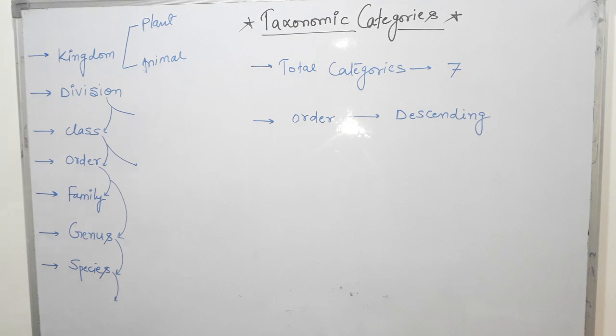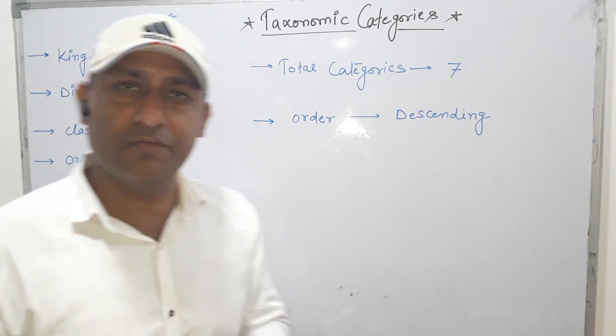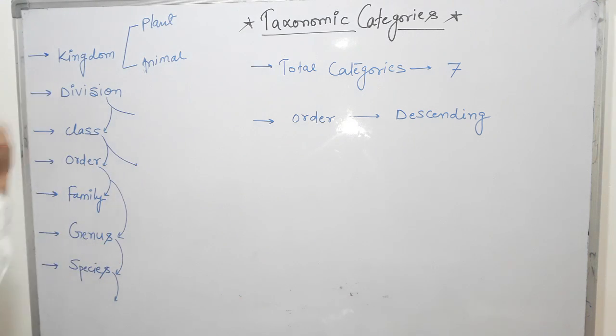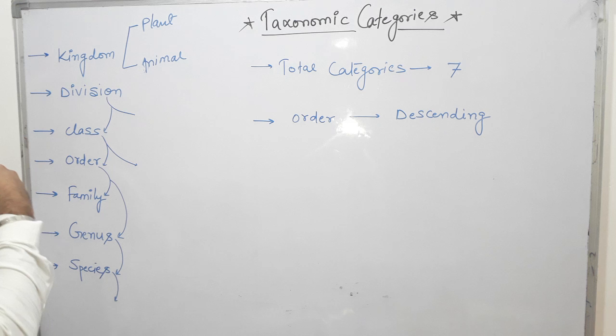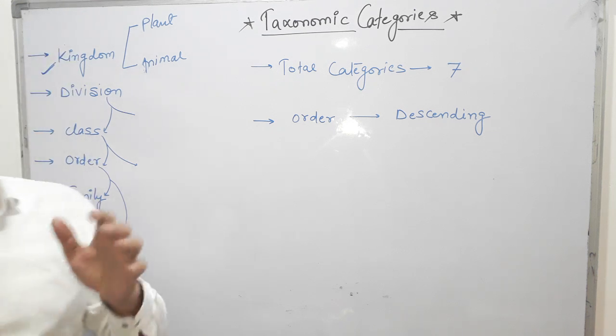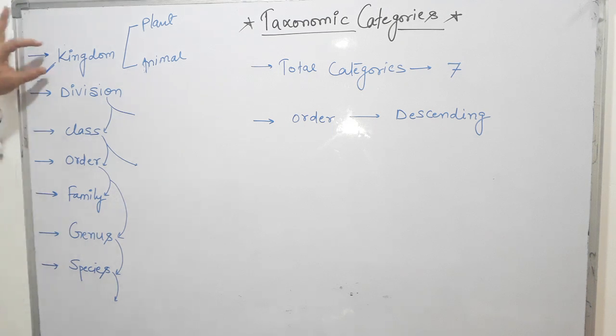Now some terms related to taxonomy from the book. What is the meaning of hierarchy? Hierarchy is the descending order or merit system of the categories, in which the top class has the highest amount of similar categories or the highest number of organisms. It is the first member of the hierarchy system. Second term is a taxon. One category is called a taxon.